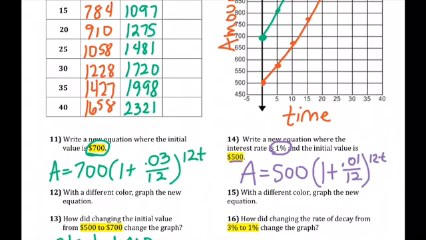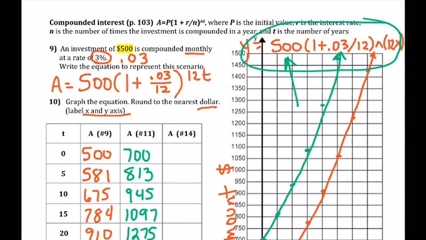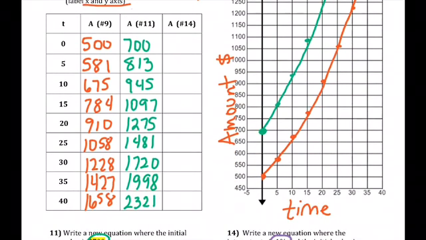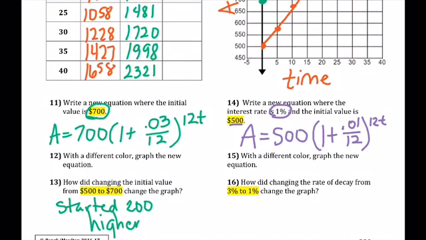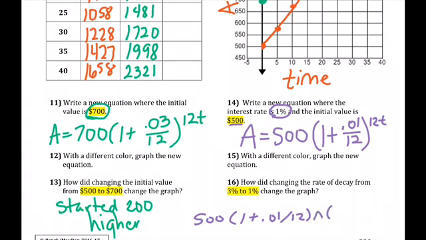So if you go back up to your calculator, your y equals menu, you should be able to just go in and change some things. This time I'm going to change back to a 500 right there, but I also need to change the 0.03 to a 0.01. What you should type in your calculator, let me just write this down for you here: y is equal to 500 times, in parentheses, 1 plus 0.01 divided by 12, close your parentheses, to the power of parentheses 12x.